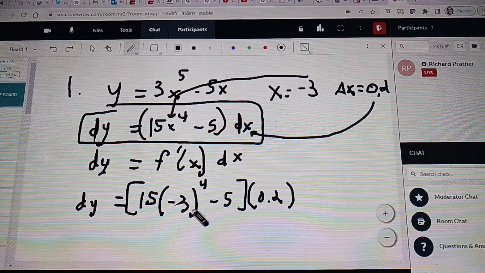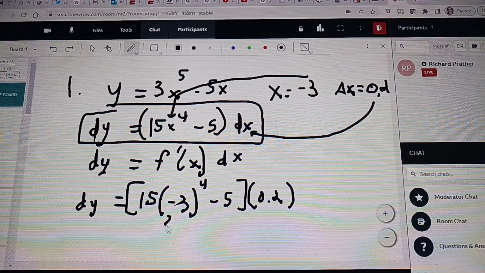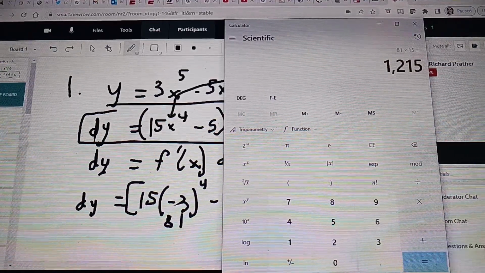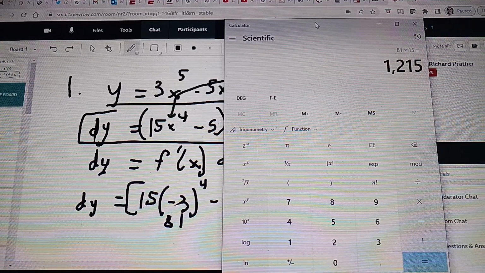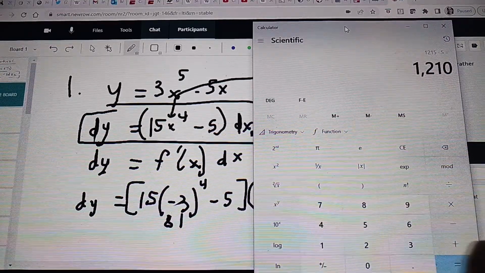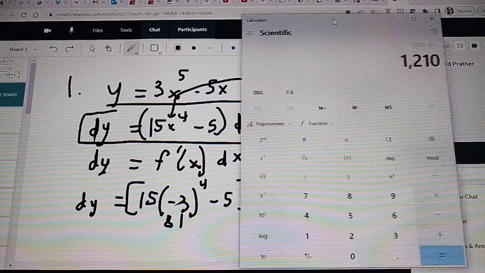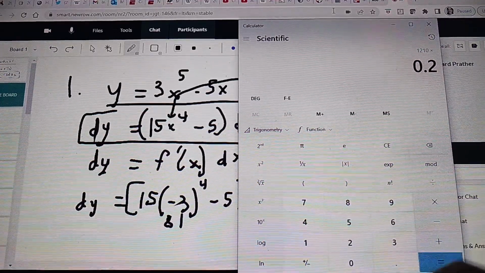So -3 to the fourth is positive 81, because that's -3 times -3 times -3 times -3. 81 times 15 is 1215, minus 5, and then multiply by 0.2.